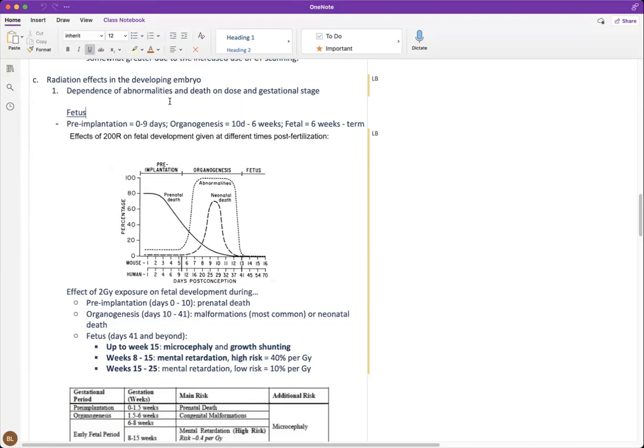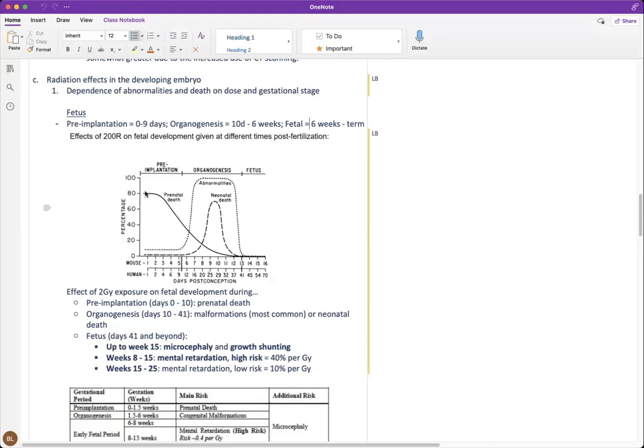During pre-implantation, days 0 to 9, then there's organogenesis, from 10 days until 6 weeks. Then there's the fetal stage, from 6 weeks until term. And here we can see the effects of giving radiation on fetal development at different times.